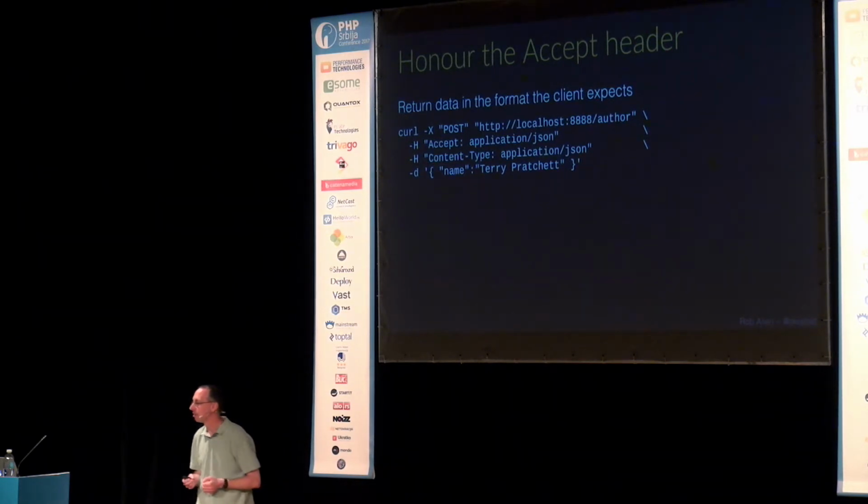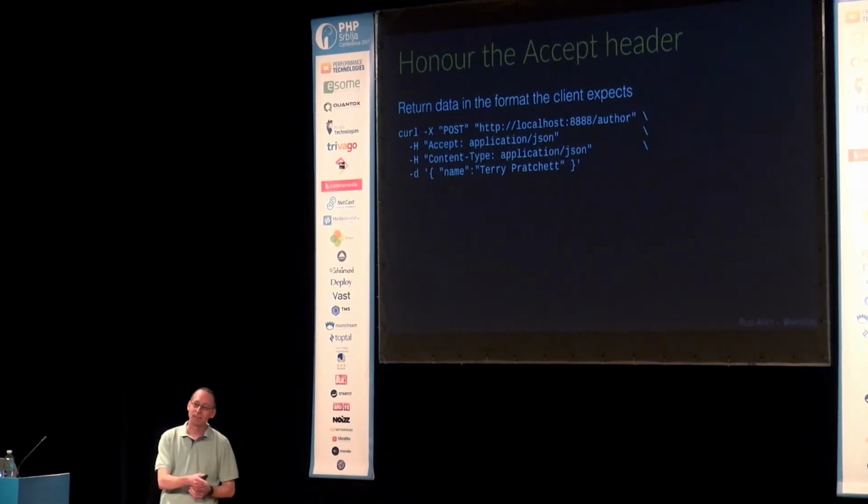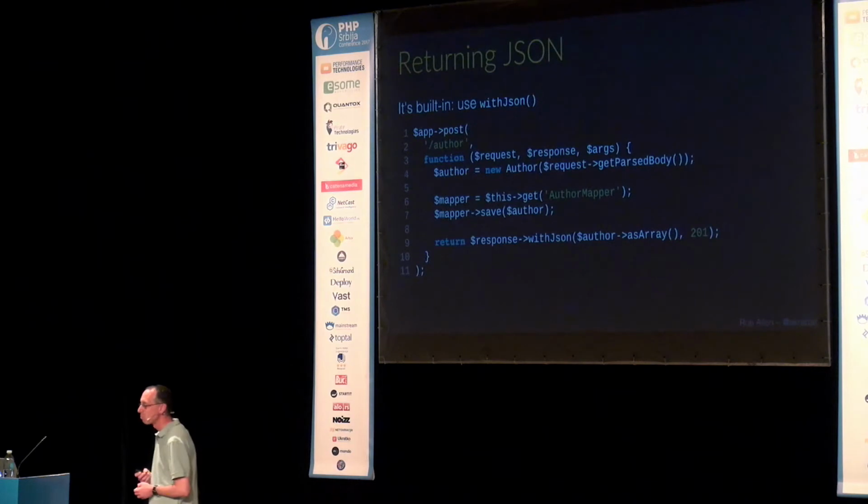So in this particular example, we can accept application JSON. So if you go and send it XML, you have broken the contract. If you don't send it HTML, then I'll get very angry. You do not send data that the client cannot understand, because the client has told you what data it can understand. It's just rude. Do better.